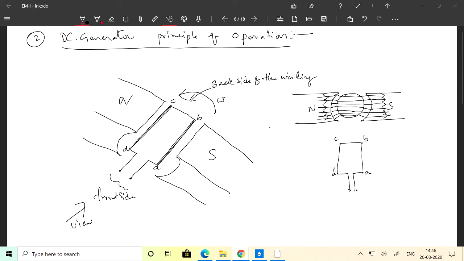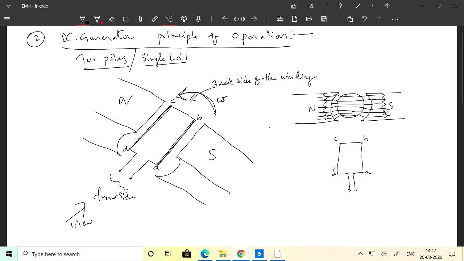Let us assume only a single coil for the time being, and two poles. The single coil is rotating in the anticlockwise direction at an angular velocity omega.